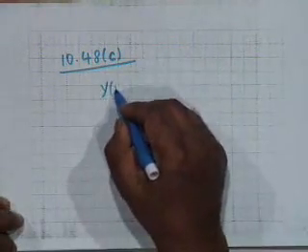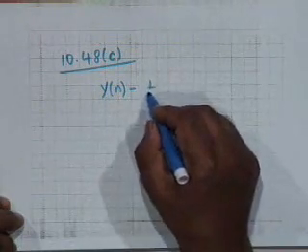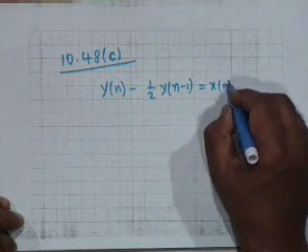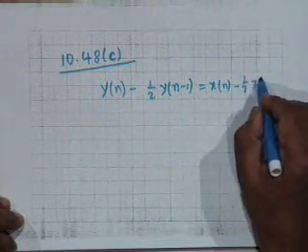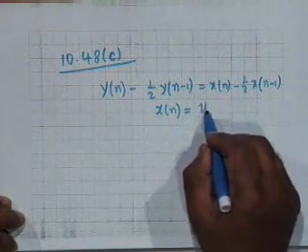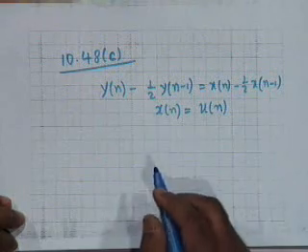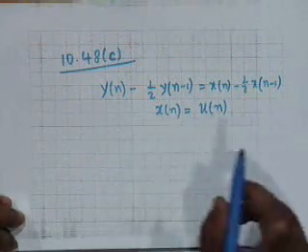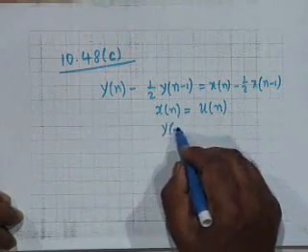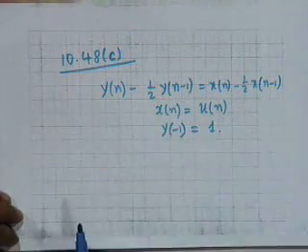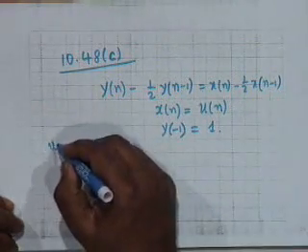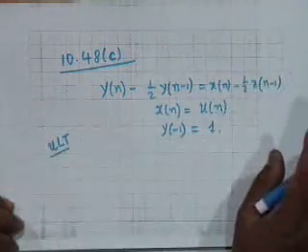The equation is y of n minus half y of n minus 1 equals x of n minus half x of n minus 1. x of n is given as u of n, and you require one initial condition because it is a first order difference equation. y of minus 1 is given as 1. So what we do is we take the unilateral Z transform of both sides.